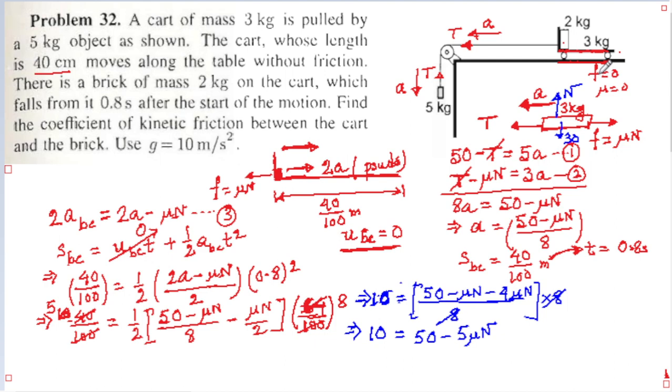Instead of n we can replace 30, and write the equation as 10 equals 50 minus 5 into 30 into mu.